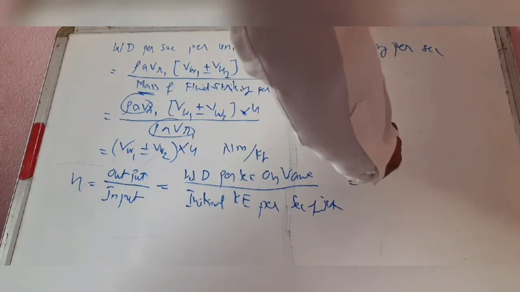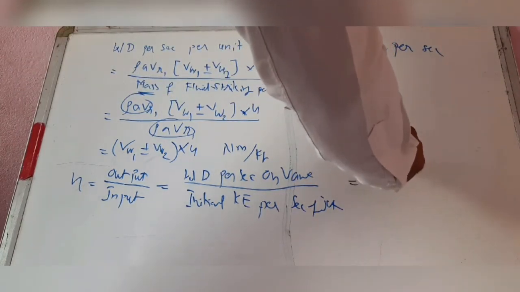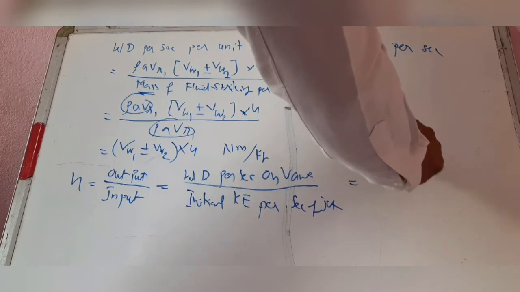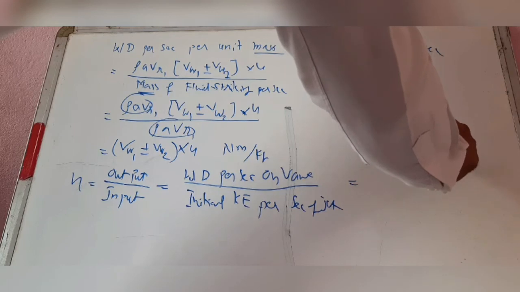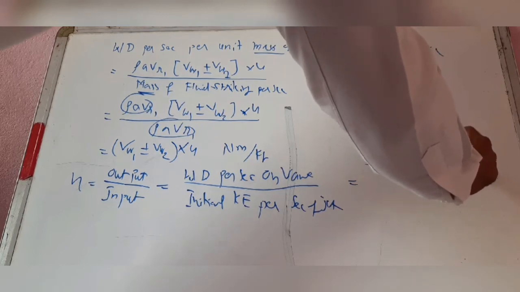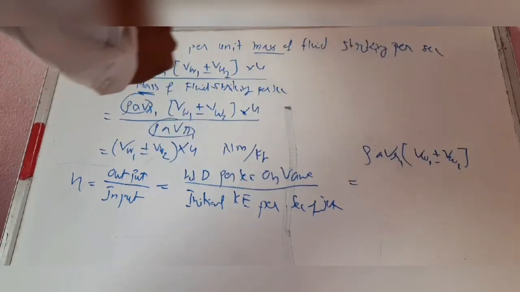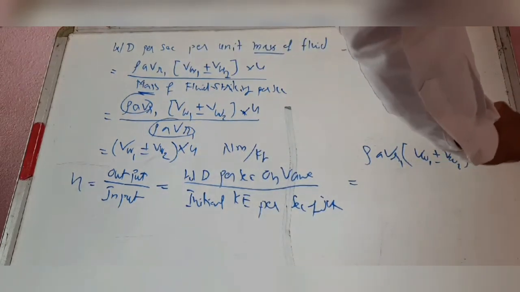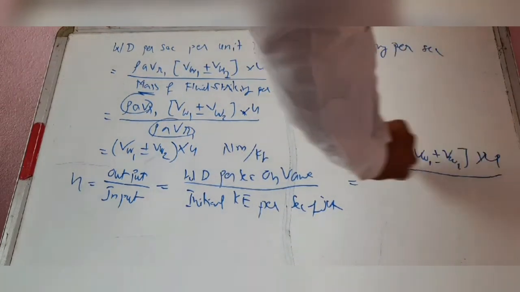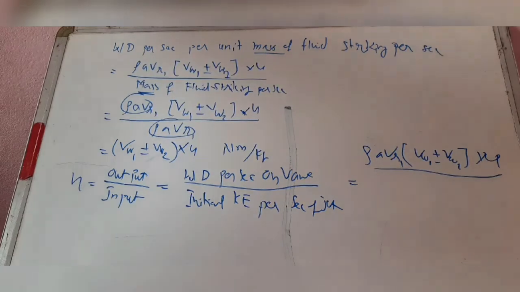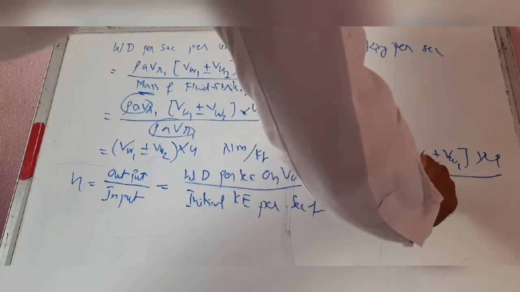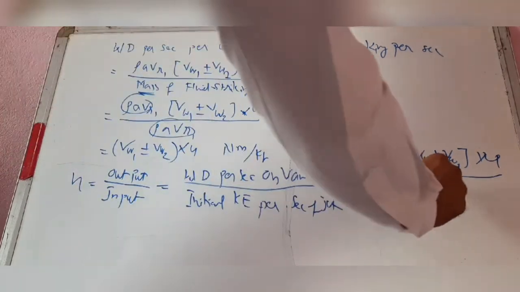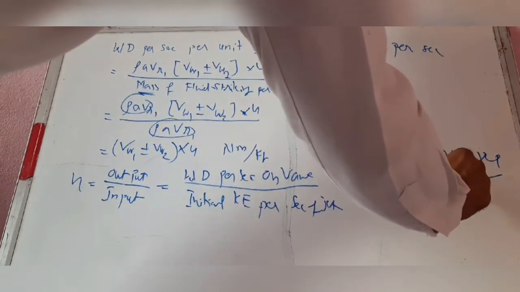By putting in the values, the work done is rho A VR1 into (VW1 plus or minus VW2) multiplied by U, divided by half of m V1 square.